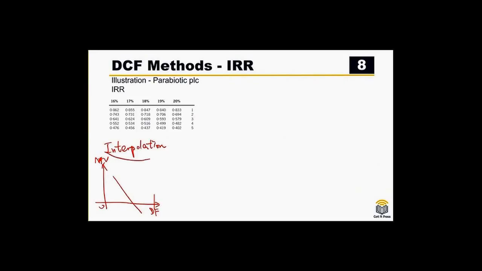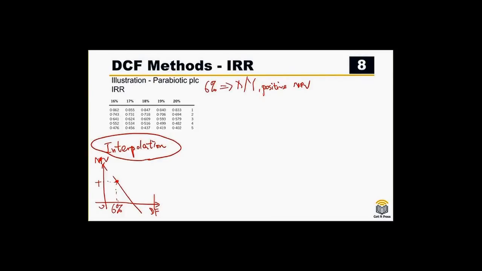So we use the interpolation method to estimate, or make a trial and error of, the IRR. Since the 6% discount rate gives both X and Y a positive NPV, referring to the chart here, I assume this is 6% because it's positive NPV.